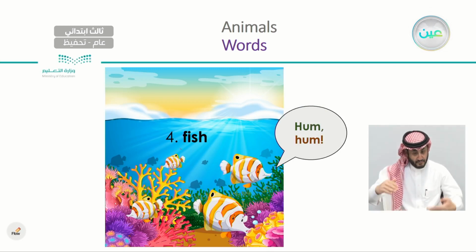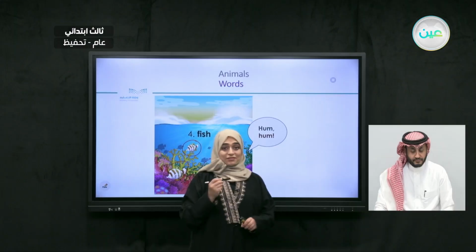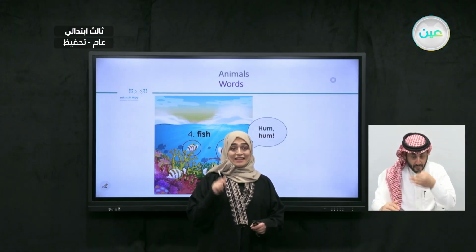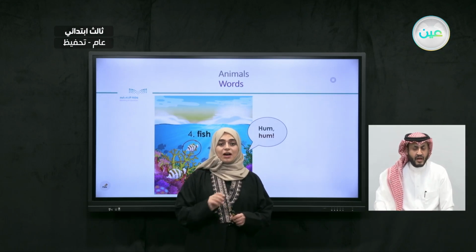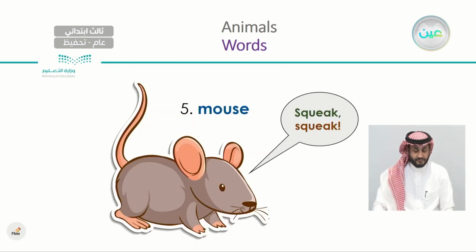This is 1 fish, 2 fish, 3 fish, 4 fish. Did you know that a fish makes a sound? Right? Yes, it makes a sound. It's called a hum. Hum. This is the sound a fish makes. Number 5.